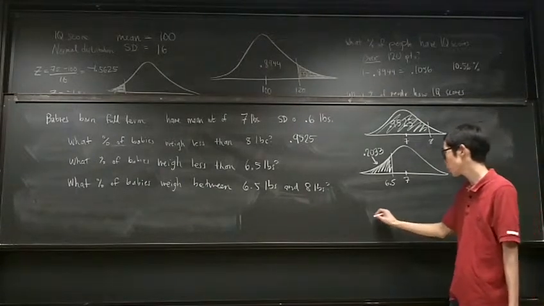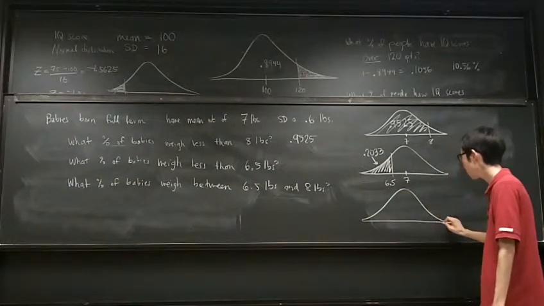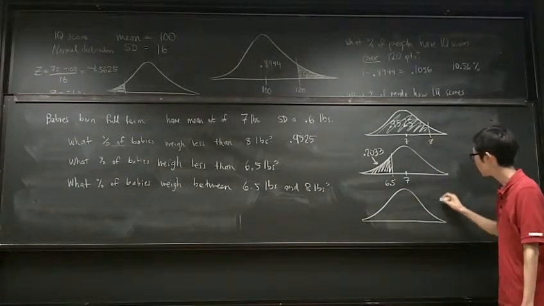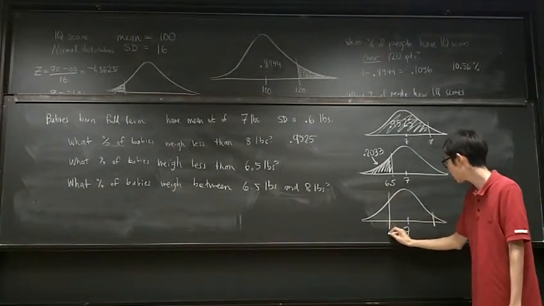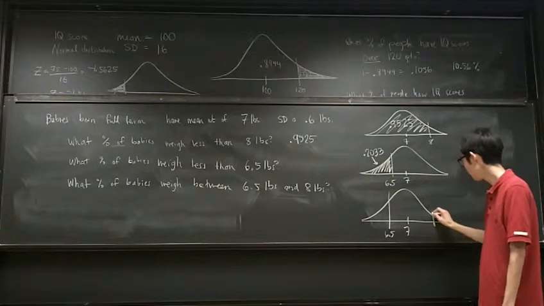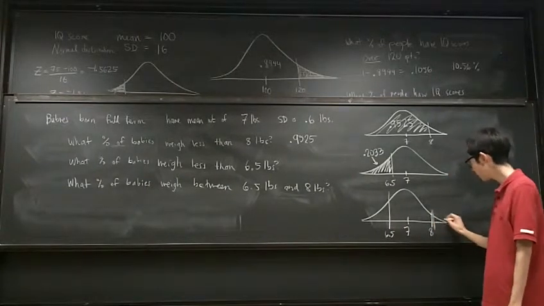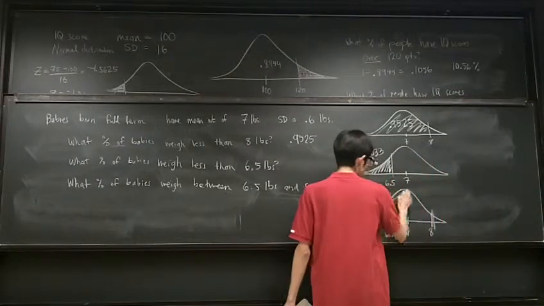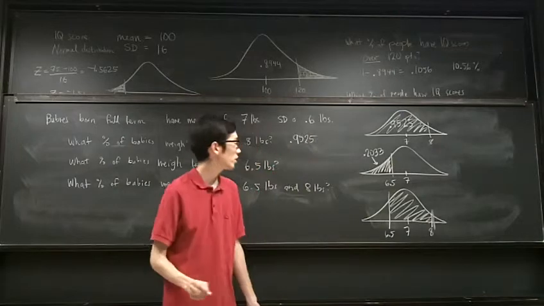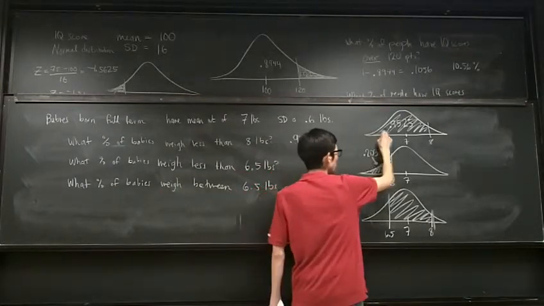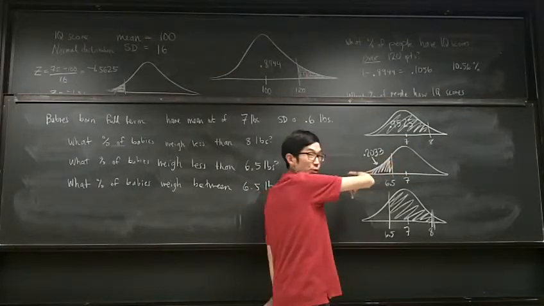All right, so the last part says what percent of babies weigh between 6.5 pounds and 8 pounds. Here's 7 and here's 6.5, and I'm asking what percent is in between 8 and 6.5. So I'm asking for this part here. To get that, I'm going to take this entire area, this 95%, and subtract off this portion.